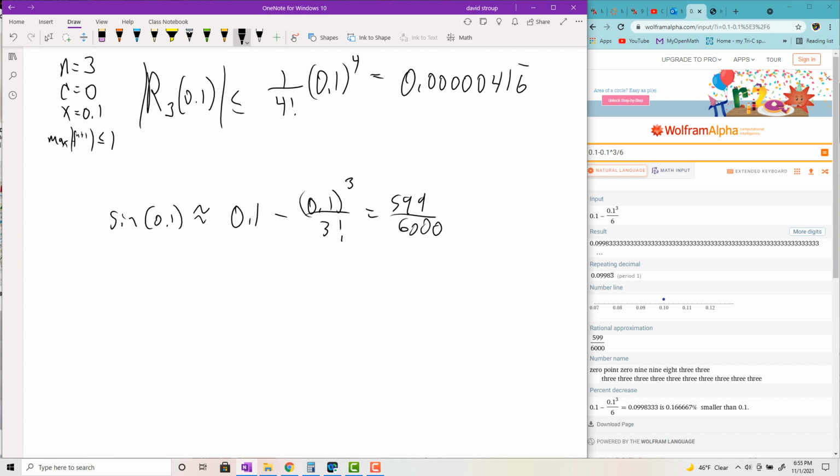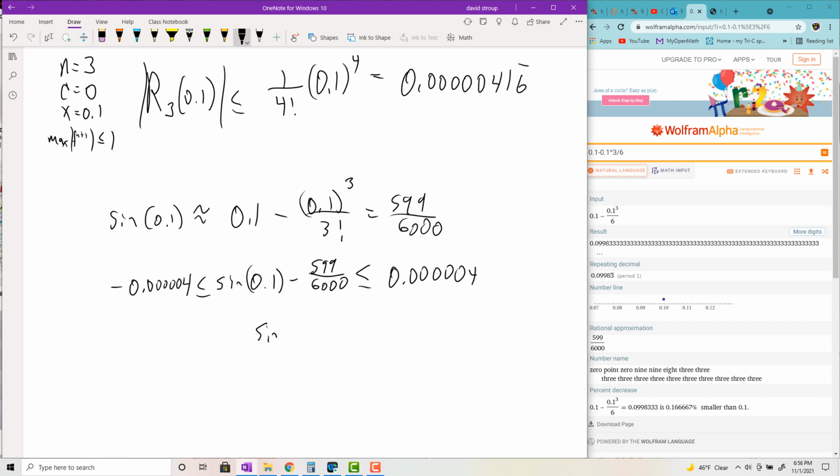So again, the difference between the actual value and this approximation is going to be less than or equal to that small error bound, and greater than or equal to the negative of it.